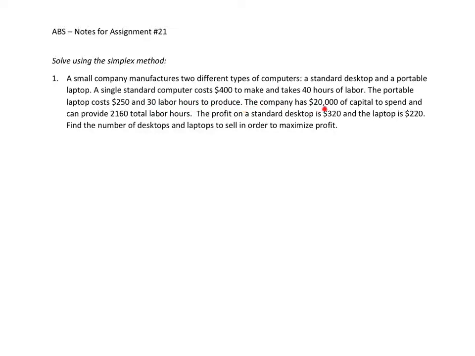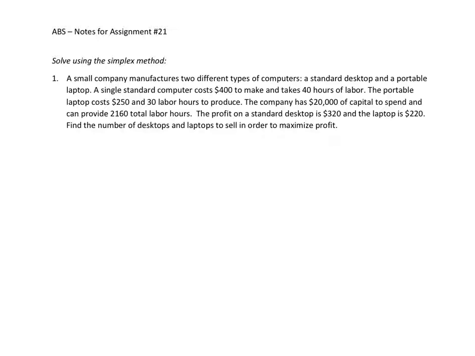The company has $20,000 available to make computers and 2,160 total hours to make the computers. The profit on the standard desktop is this much, and for the laptop the profit is $220. Find the number of desktops and laptops to sell in order to maximize profit, and there's a lot there. It took me almost an entire minute to read that.